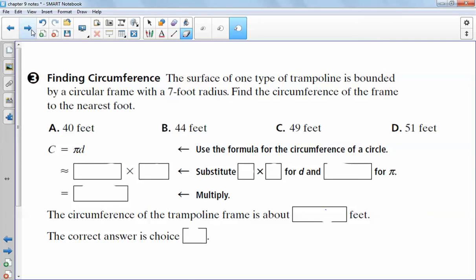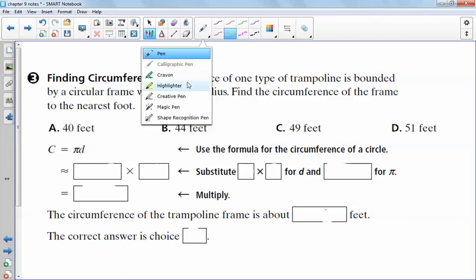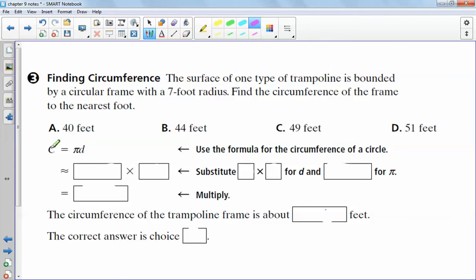All right, moving on to finding the circumference. We have the surface of a trampoline bounded by a circular frame with a 7-foot radius. We're trying to find the circumference of the frame to the nearest foot. So again, pay attention to how we're going to be rounding our answer here. So we always start off with writing out our formula.